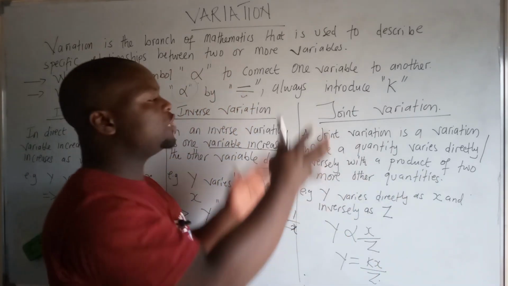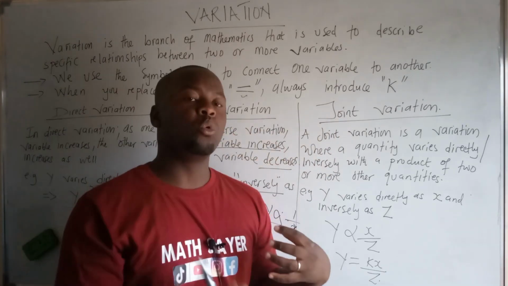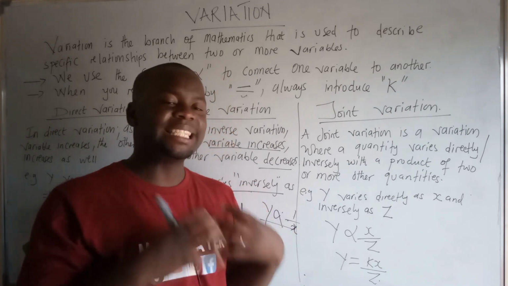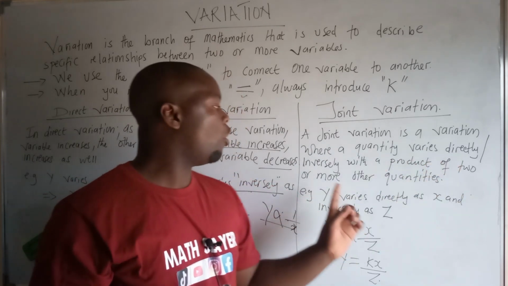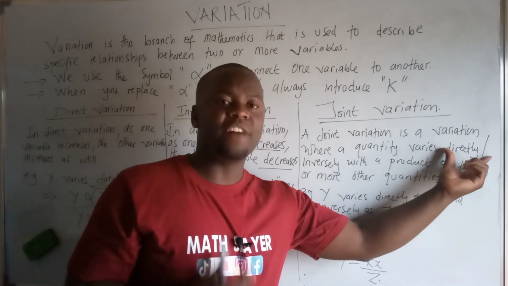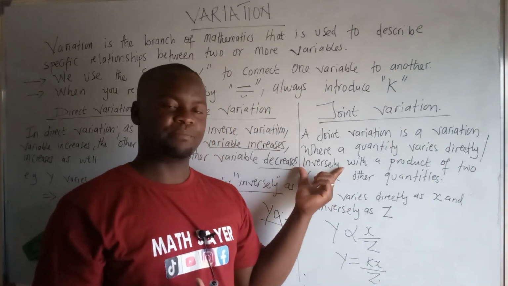So with the joint variation, we are talking about the relationship of one variable to two or more other variables, where the relationship can be direct, or inverse, or both of the variables can be direct, or both can be inverse.